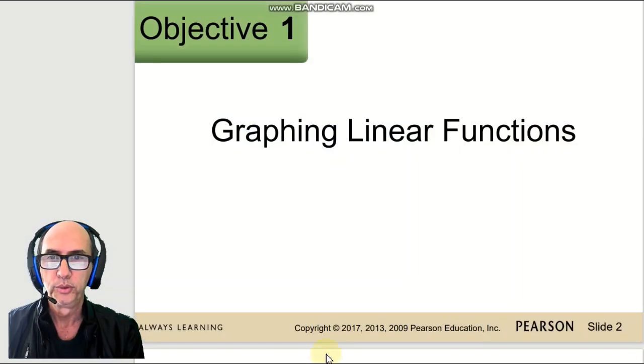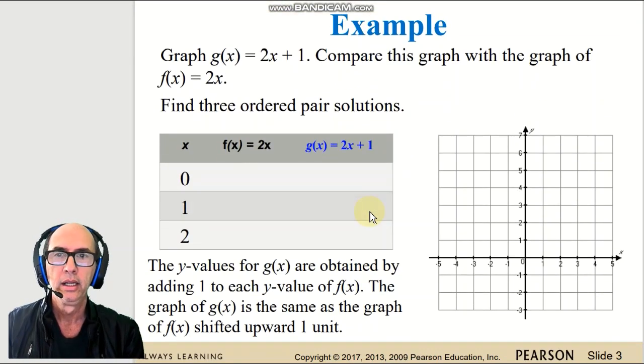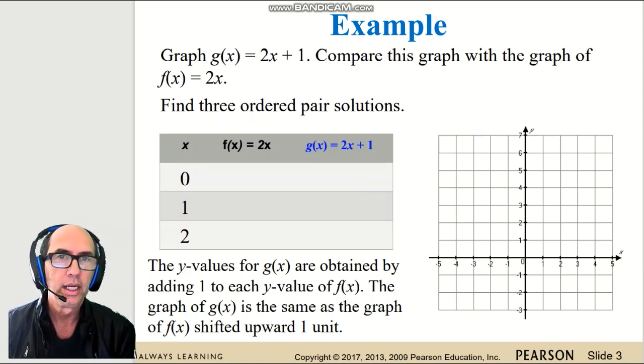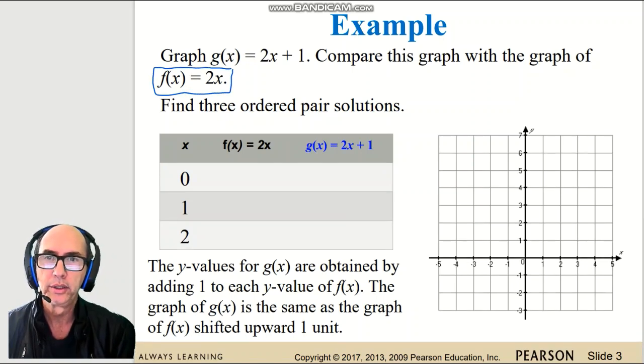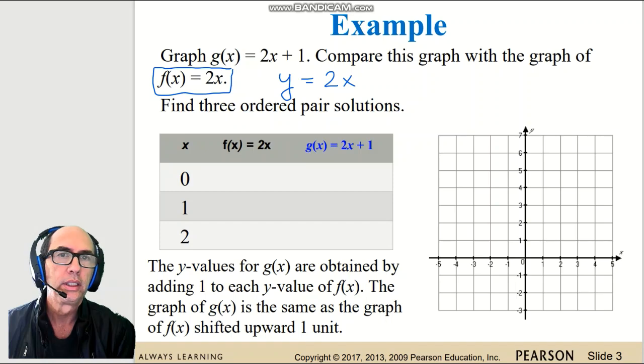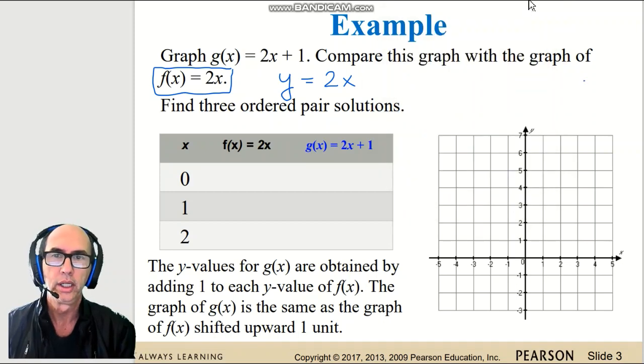And let's move to graphing linear functions. You remember the function notation: if you have an equation, the corresponding equation is y equals x. So you can just write an equation using function notation.